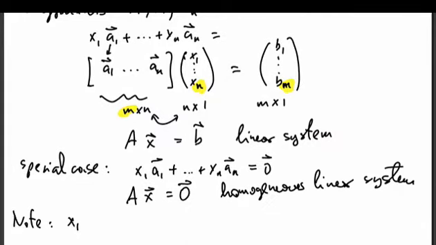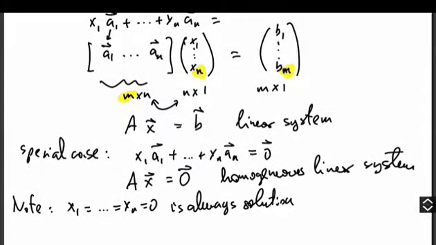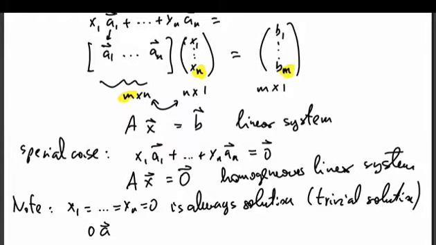Note, x1, xn equals 0 is always a solution. This is called a trivial solution. And also then the corresponding linear combination 0a1 plus 0an is 0, and this is called a trivial linear combination.